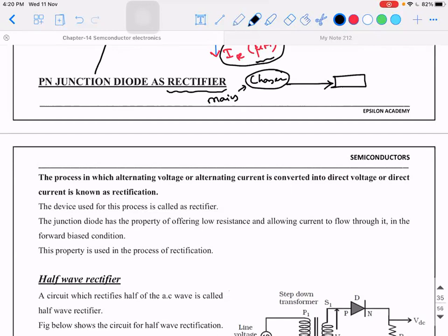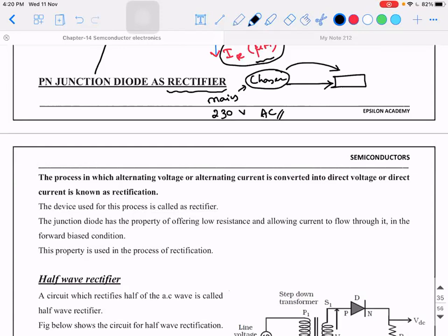From the mains, how much voltage actually comes? It is 230-volt AC. So 230-volt AC comes from the main supply into the charger. But will this 230 volts go directly to the mobile? If that happens, your mobile can't withstand it because it has a rating.